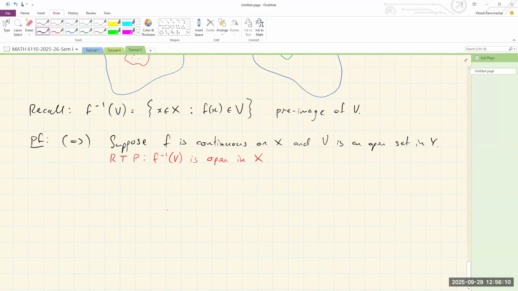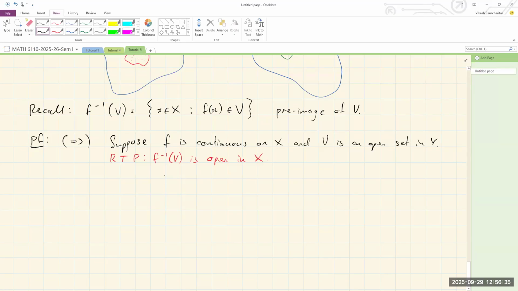That's the only thing that makes this proof a little bit complicated, because you have to keep track of where you are. Are you in the domain? Are you in the codomain? How are you moving back and forth? But once you go through it a few times, and try to draw the pictures as you go, it will make a lot more sense. So that's what I want to show: the pre-image of V is open in X.